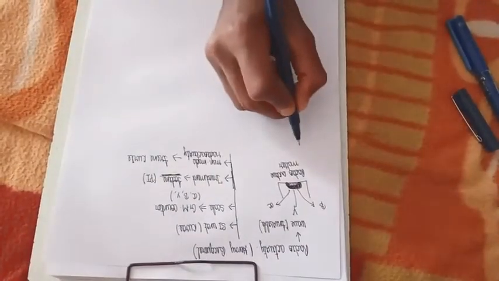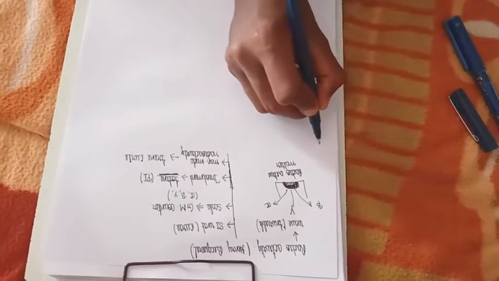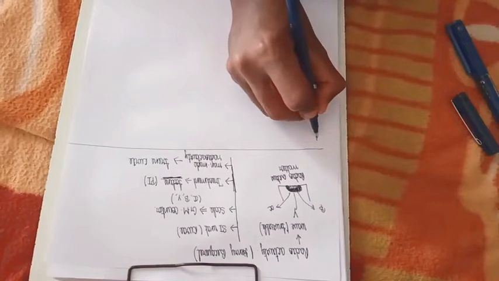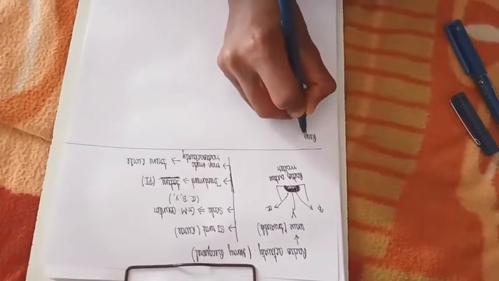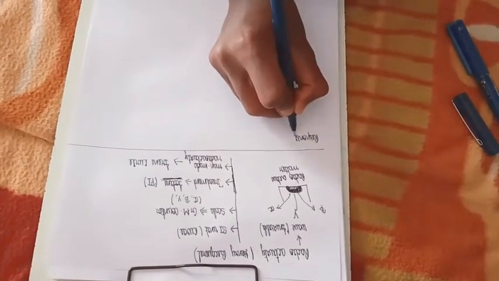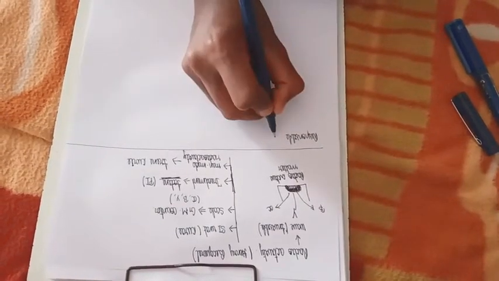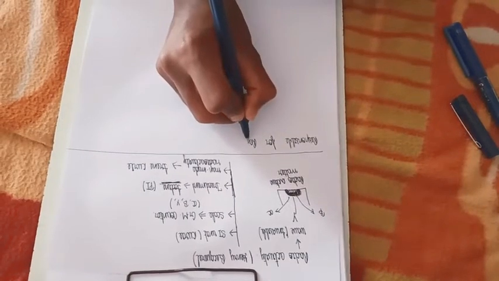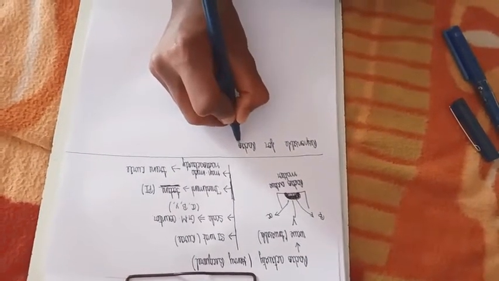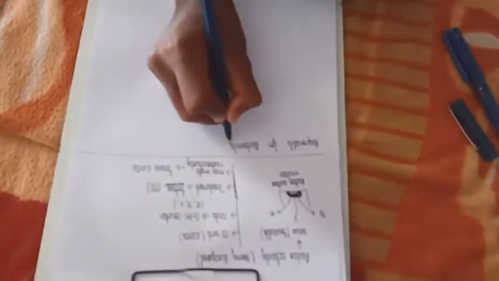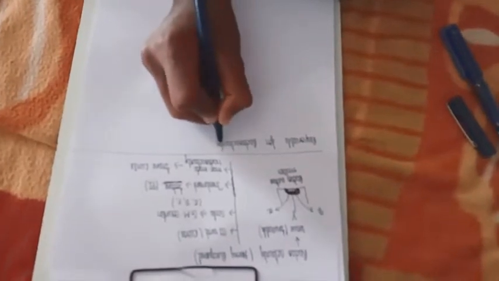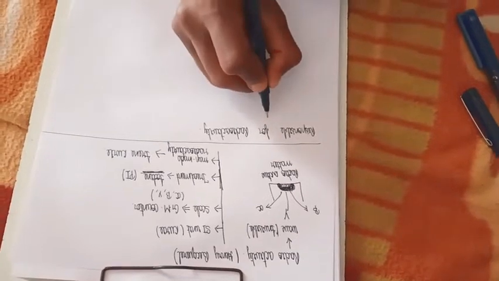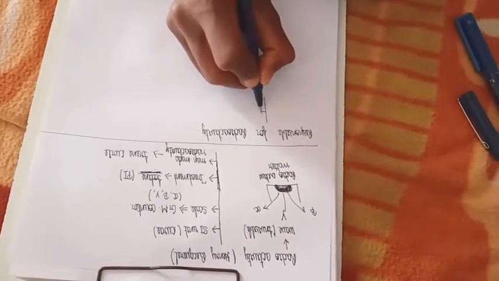And the next thing is, what are the things responsible for radioactivity? The first one is the weight of a nucleus.